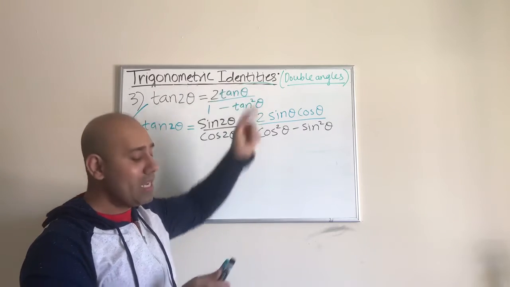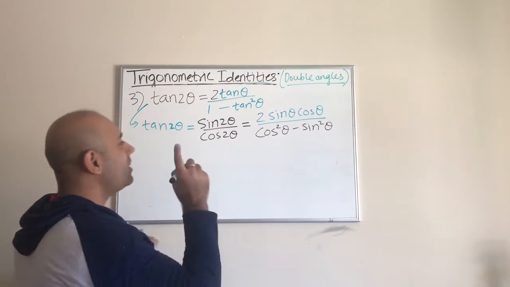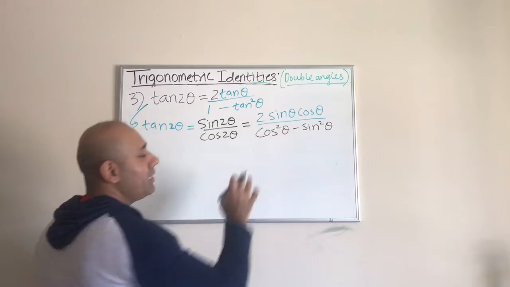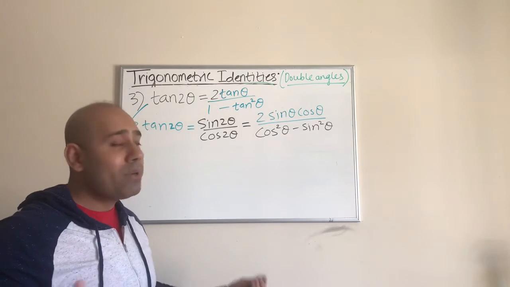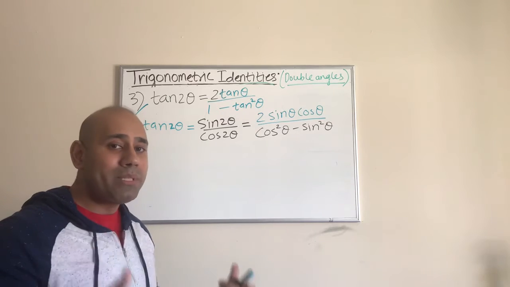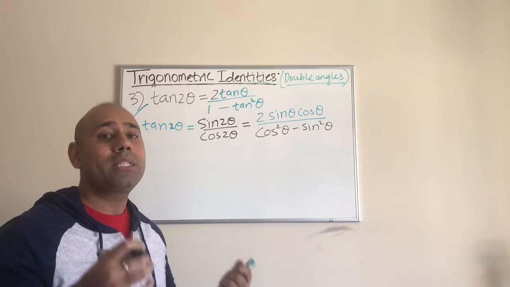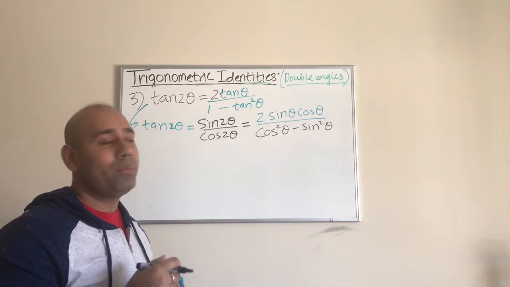For that, what I'm going to do is divide the numerator and denominator, and of course I can only divide by the same quantity. I'm going to divide upstairs and downstairs by cosine square theta, and guys, you will see what will happen.